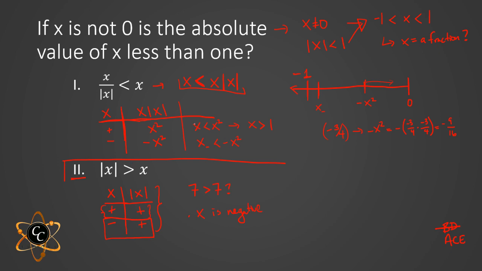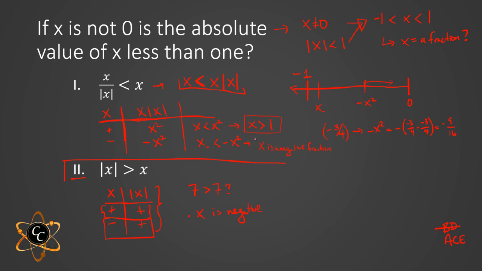It doesn't actually tell us a whole lot about x itself. If x is positive, then we know that x is greater than 1. If x is negative, then we know x is a negative fraction.